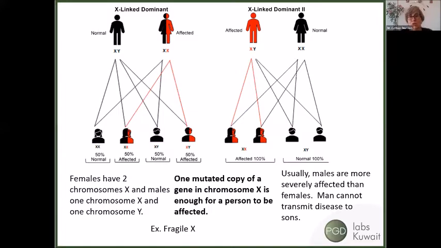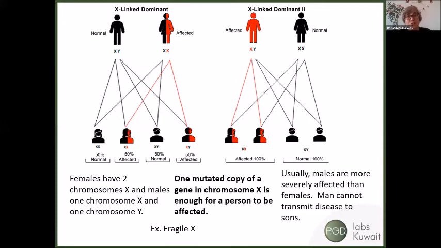Also for X-linked diseases, we have dominant and we have recessive. In the case of dominant, only one mutated copy of a gene that is located in chromosome X is enough for a person to be affected. And this affects more or less the same to male and female.